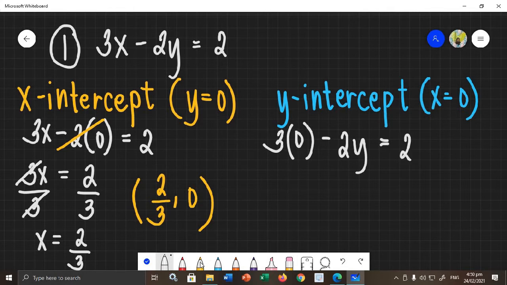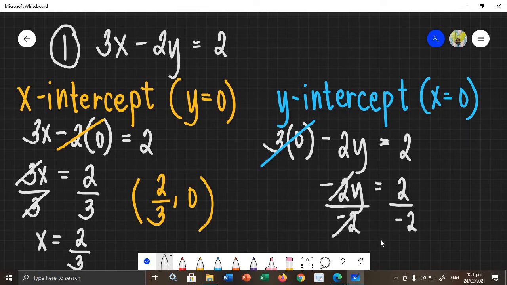And then 3 times 0, you can just cancel it out. Kasi 3 times 0, any number that you multiply by 0 is equal to 0. And then, maiiwan si negative 2y equals 2. For us to get rid of negative 2, divide natin both sides by negative 2. Okay, cancel. The value of our y is 2 divided by negative 2. That will be equal to negative 1.